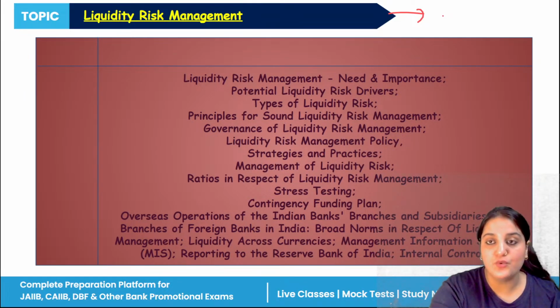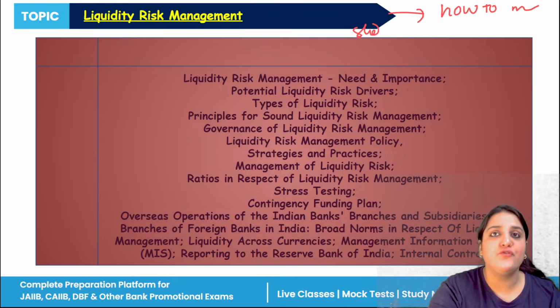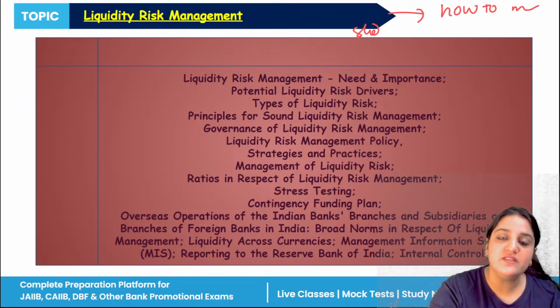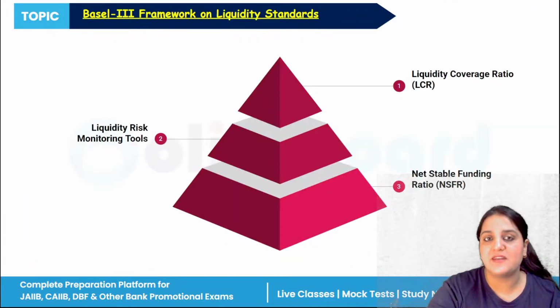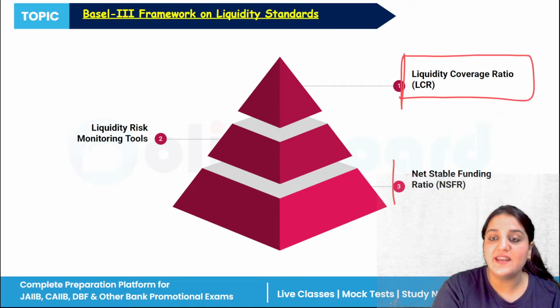In this chapter you are going to learn how to manage cash when there is a shortage of cash, and banks are unable to fulfill their obligations. That is called liquidity risk management. Then Basel 3 framework, in this two important ratios are there, LCR and NSFR.